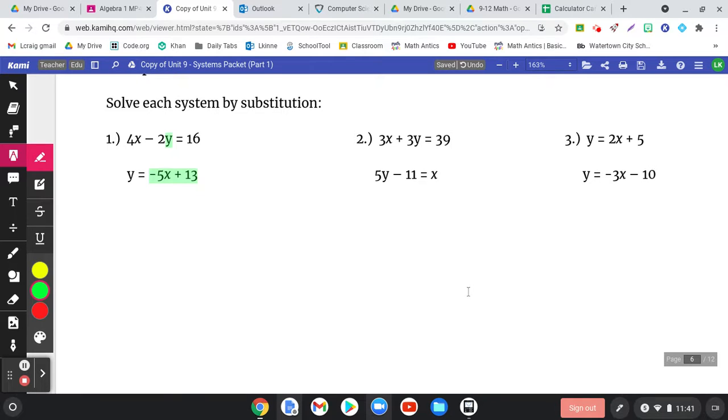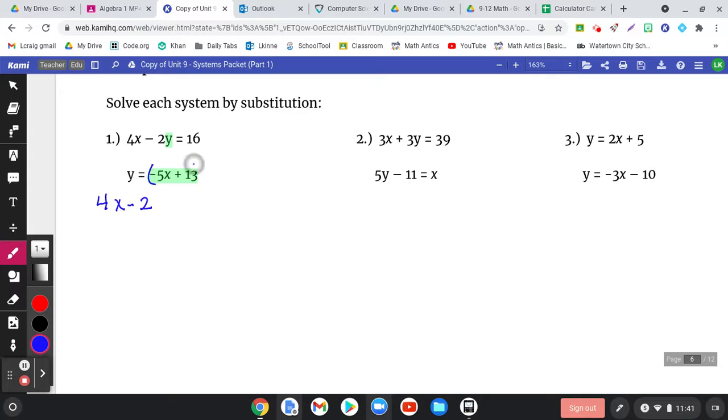So I'm going to rewrite that top equation, but instead of 4x minus 2 times y, we're going to do negative 2 times this whole thing. And it's important that we put it in parentheses because we need to distribute that negative 2 through.